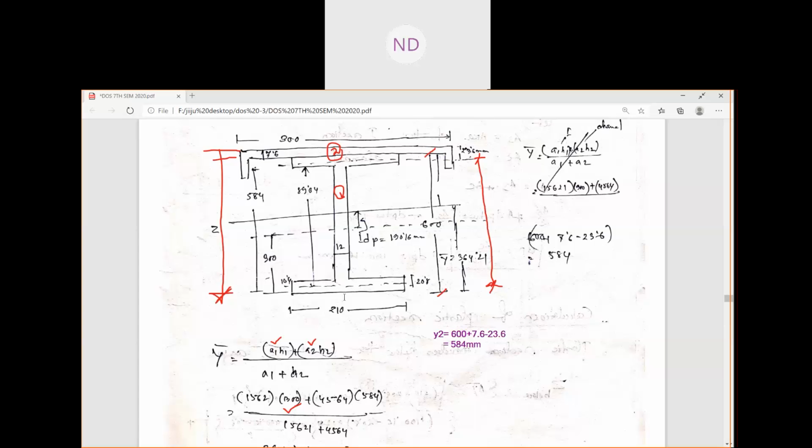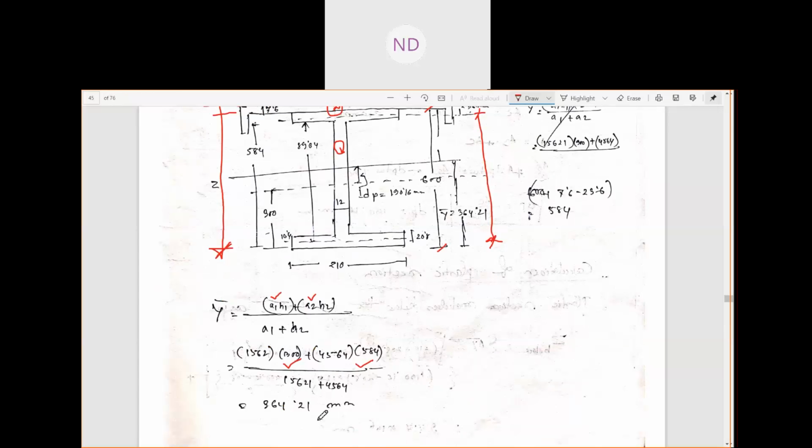So we can get here like this. This is our 584. So we got our y bar as 364.21 mm from the bottom.